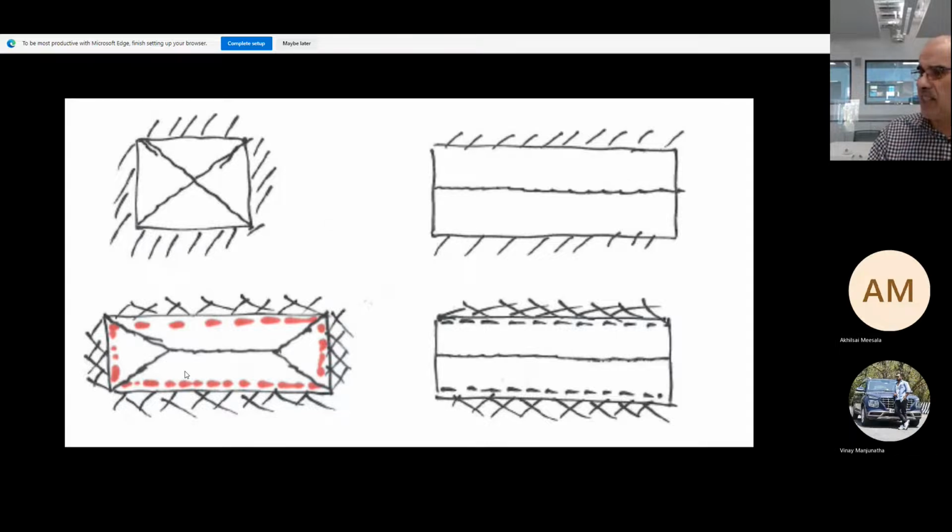Why do we have negative yield lines? Opposite direction of curvature. Yeah, but why? If you take a strip, what do we have at the edges? If you have a support which is fixed, what do you have at the support?